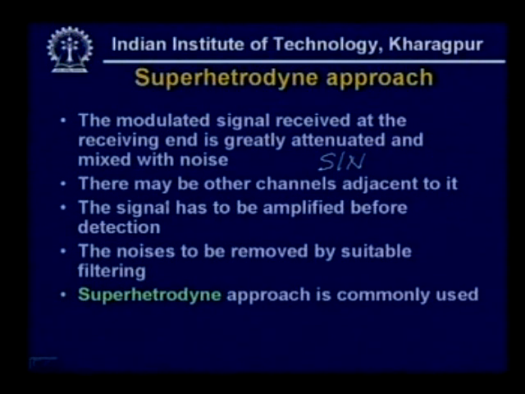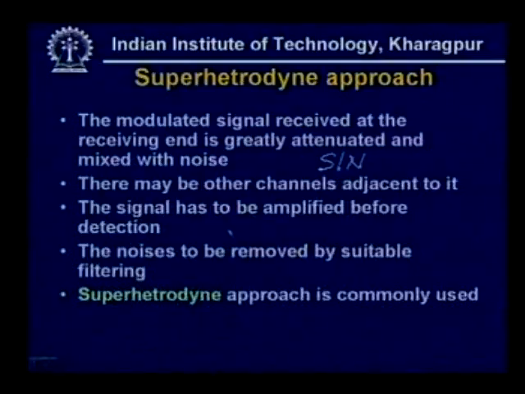Moreover, there may be many other channels adjacent to the signal. That means you will be using some kind of frequency division multiplexing. So, a number of channels may be transmitted, and they can be very close, side by side. In such cases, recovering the signal may be a little difficult.